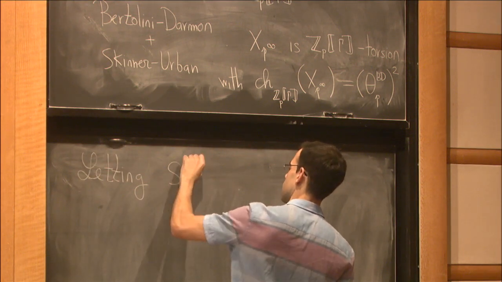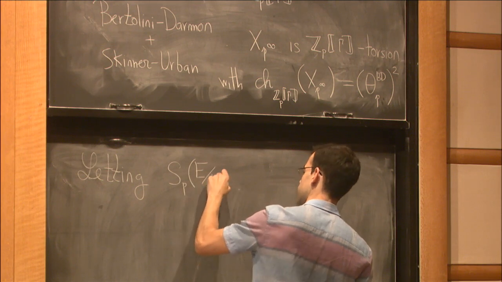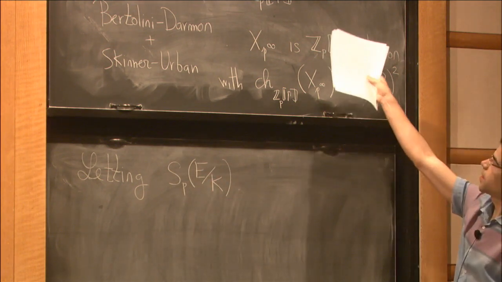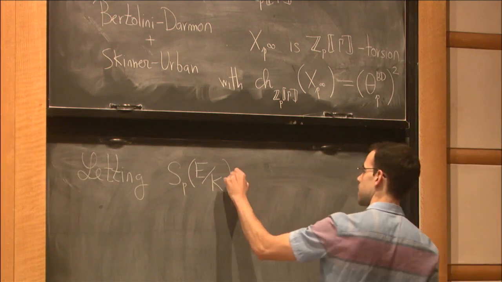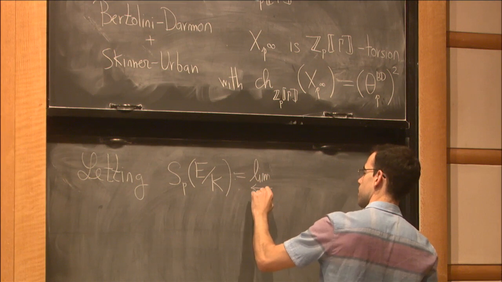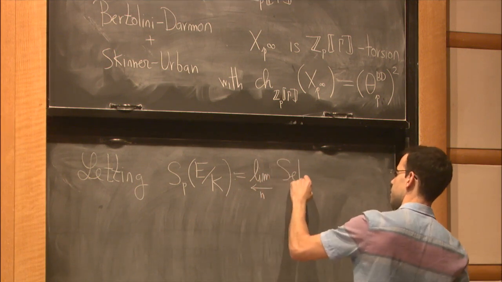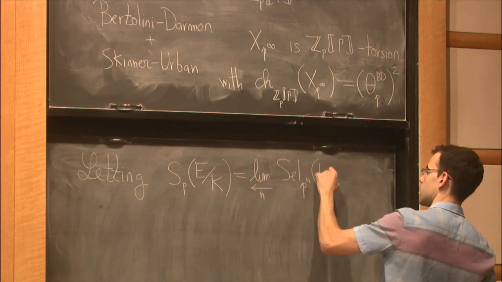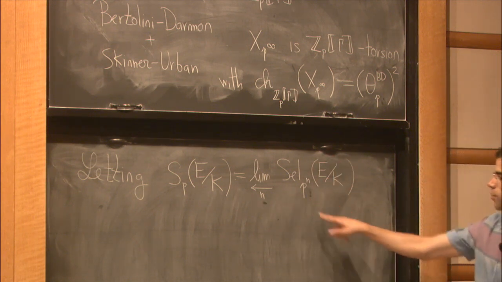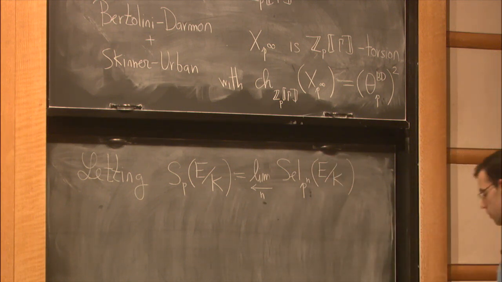Here I was taking torsion coefficients. Here instead, I'm going to take compact modules. I'm going to look at the p^n descent Selmer group over K, and now I take the projective limit under the multiplication by p maps.